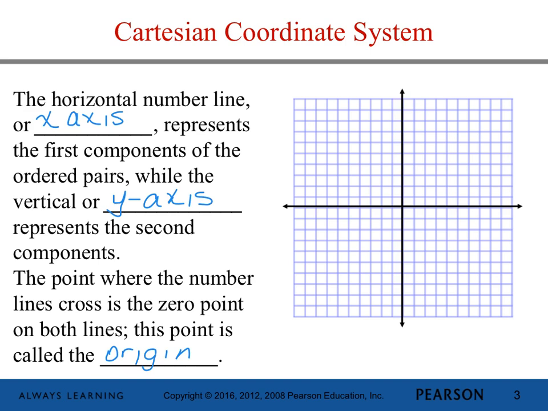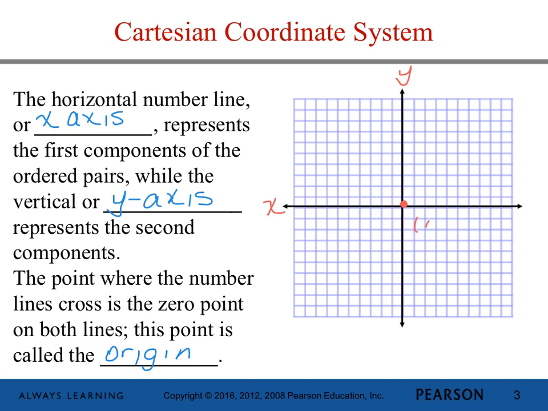So in our graph grid here, this is the y-axis. This is the x-axis. And this is the origin.